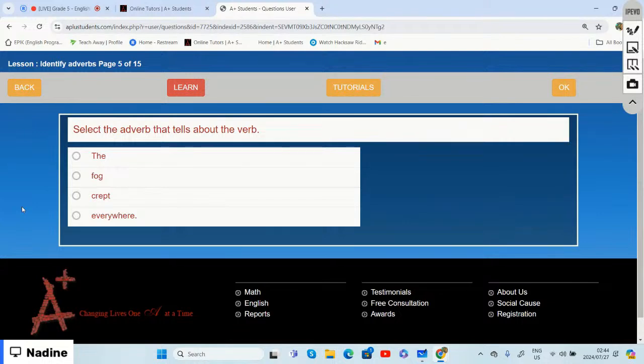Crept is our verb. We need to select our adverb that tells us more about the verb, which is crept. Do we say the fog crept or everywhere? What is our adverb?